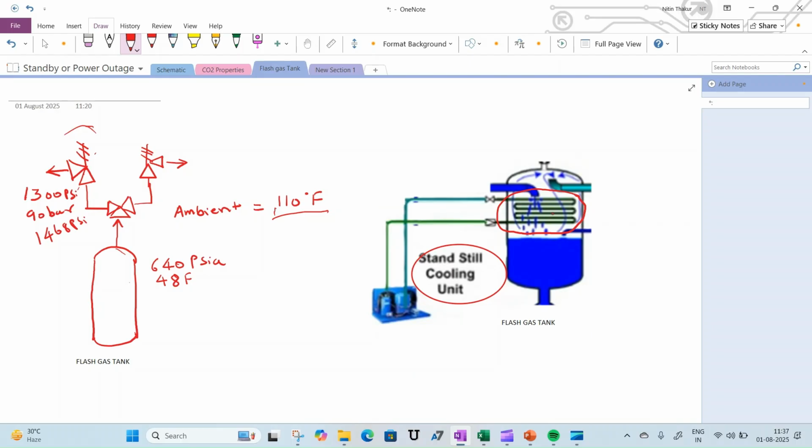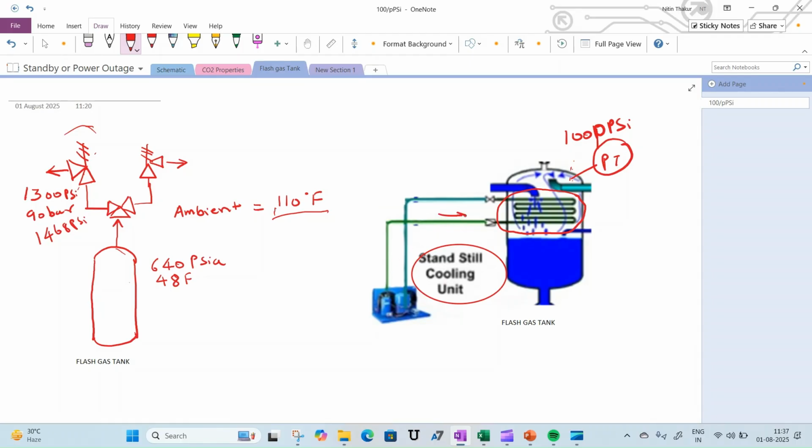The way it works is there will be a pressure transmitter. If the pressure goes beyond, let's say, 1000 psi, the standby or standstill cooling unit will fire up.